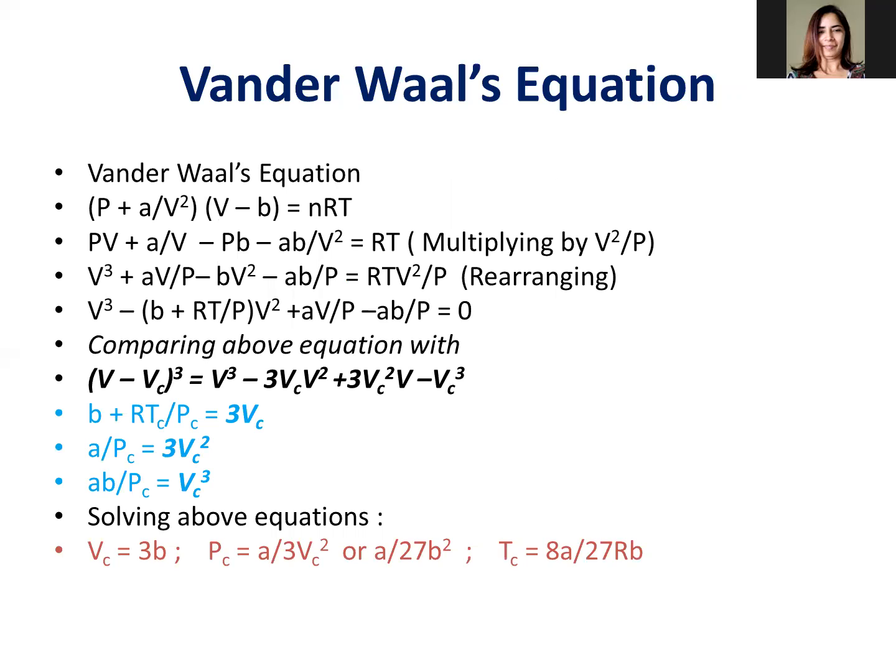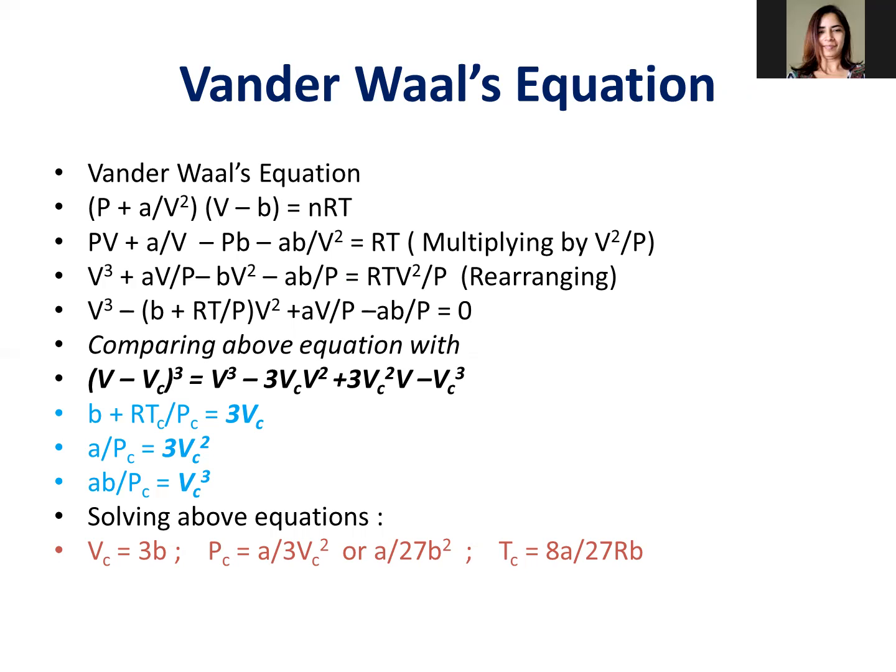The van der Waals equation for real gases is a correction in pressure and volume in the ideal gas equation, the pressure correction and the volume correction: P plus a upon V square, V minus b, equals nRT. Finally, on solving it, we get this equation.